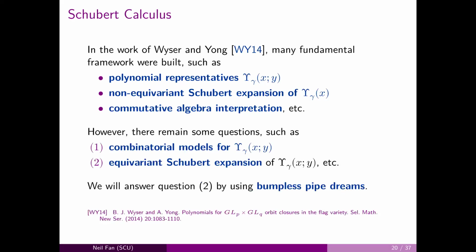However, there remain some questions, such as computational models for upsilon gamma xy and equivariant Schubert expansion of upsilon gamma. We will answer question 2 by using Bumpless pipe dreams.